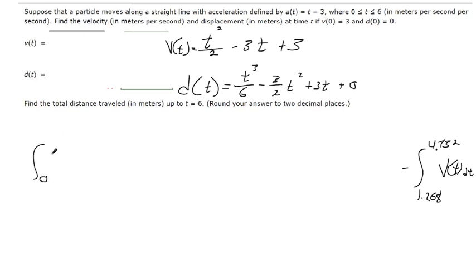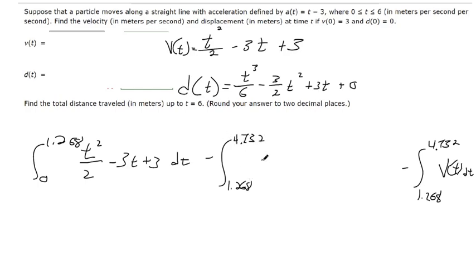From 0 to 1.268, right before we start going negative, I want to evaluate this integral. And we need to subtract this one for the reasons I just mentioned. And I'm going to just put dot, dot, dot, save myself some writing.